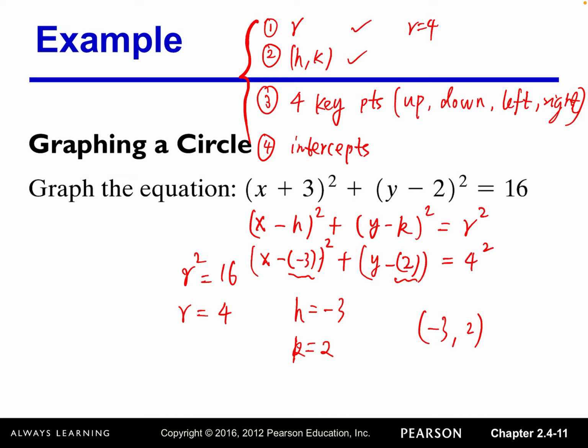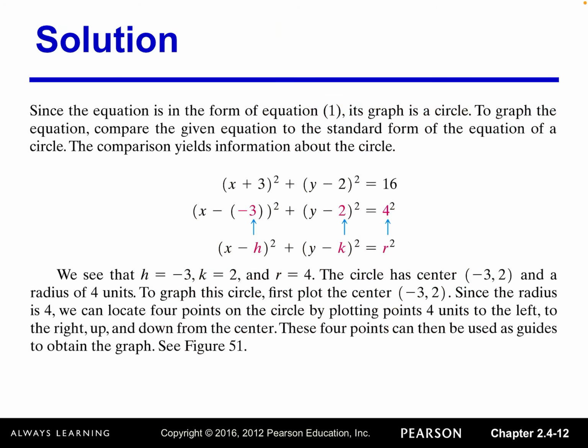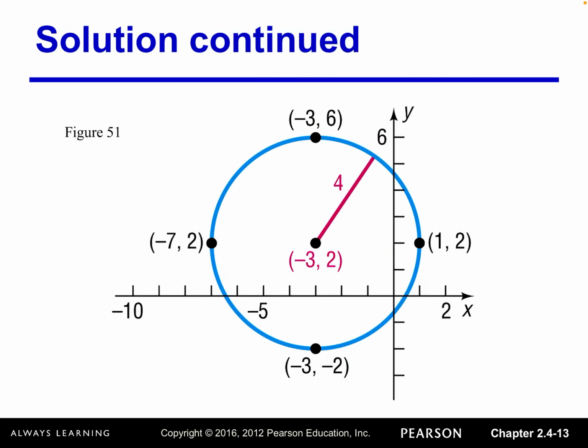In order to find the most up, most bottom, most left, most right point on the circle, it's better for us to draw a rectangular coordinate system, and then plot the circle and see how we can locate those key points. So now let's look at this graph.